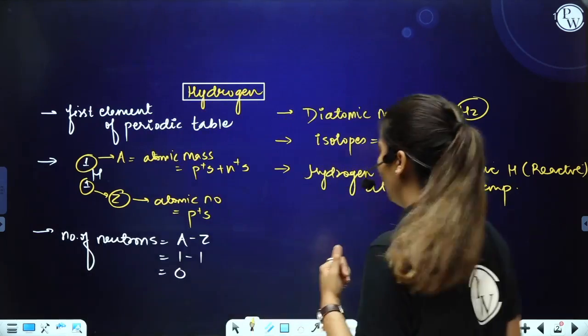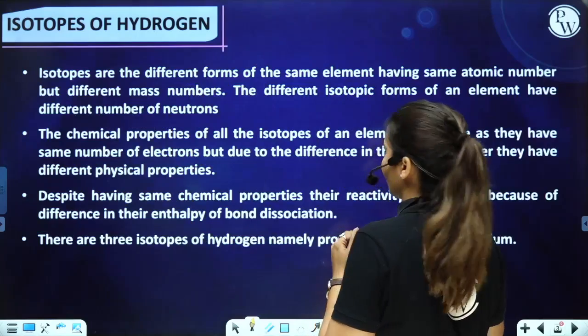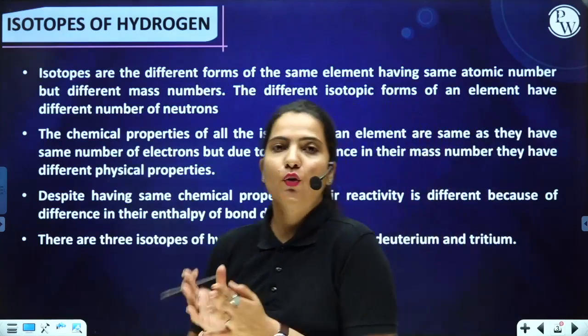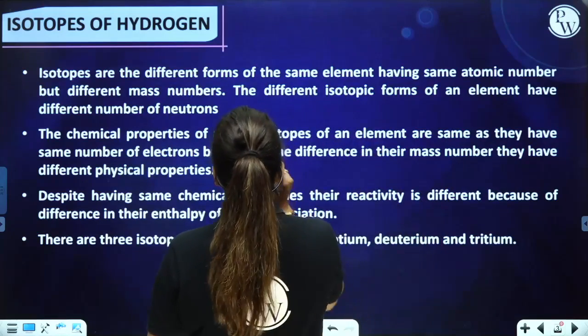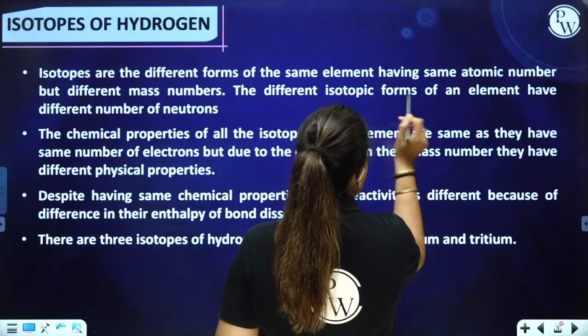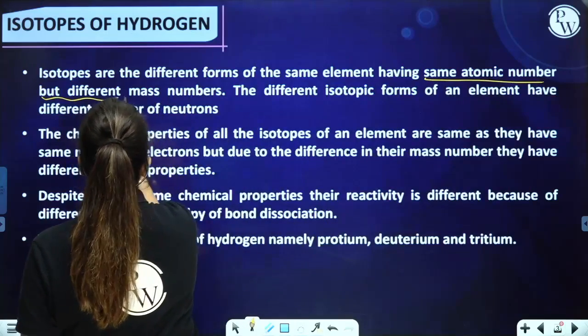Let's move forward. Now we have the isotopes of hydrogen. If you want to know the meaning of isotopes, they are elements having the same atomic number but different mass number.